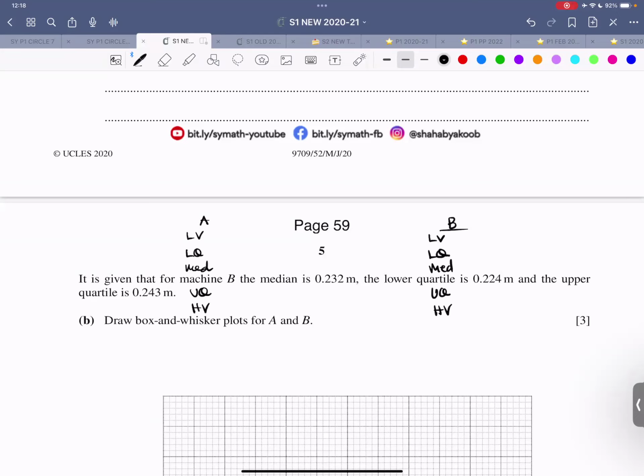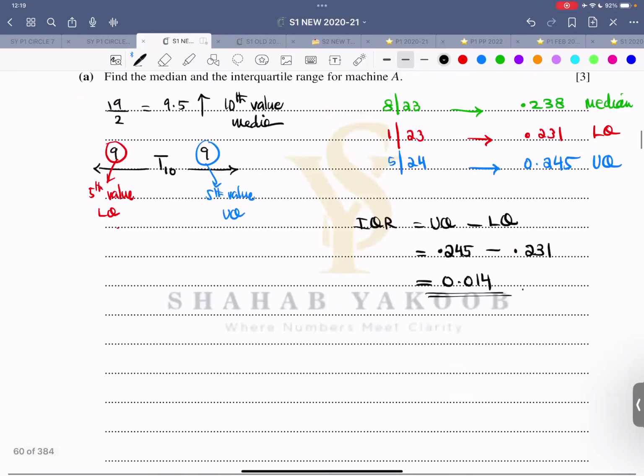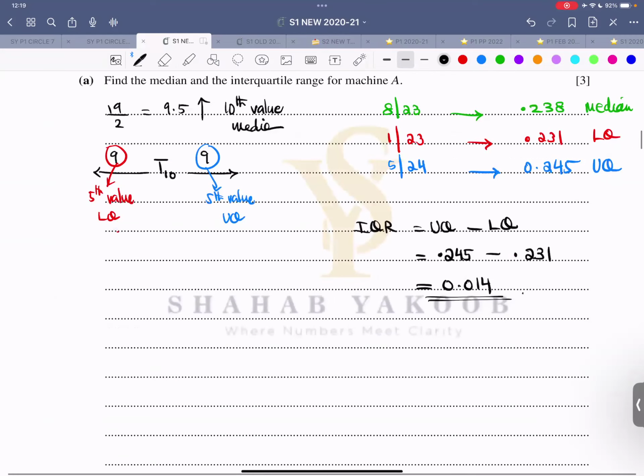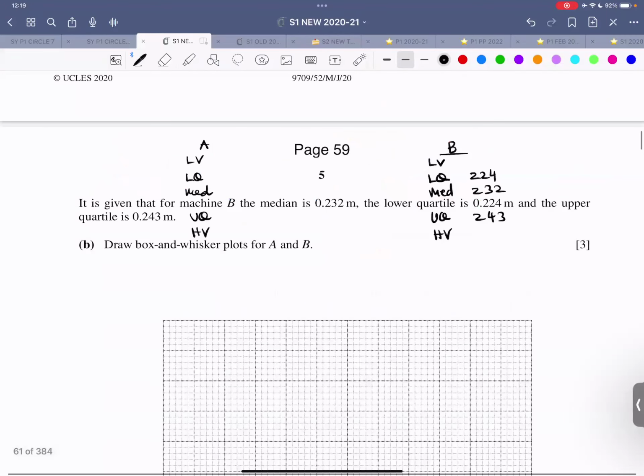Now, for machine B, 224, 232, 243, ignoring the decimals. And for A, this is 231, 238, 245.